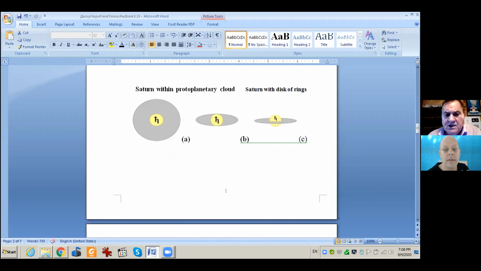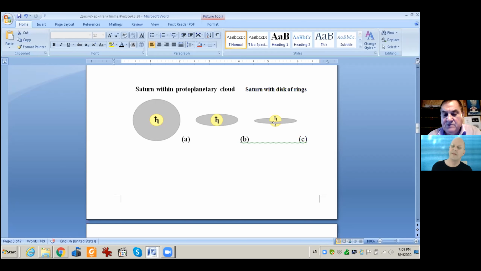So now the final picture: we can see the transformation from the initial picture, when Saturn is surrounded by the protoplanetary cloud. Inside the protoplanetary cloud, all particles orbit Saturn on chaotic orbits, and then when the magnetic field of Saturn is ignited, due to diamagnetism and interaction with the magnetic field of Saturn, all the orbits gradually go to the magnetic equator plane and finally reach this position.